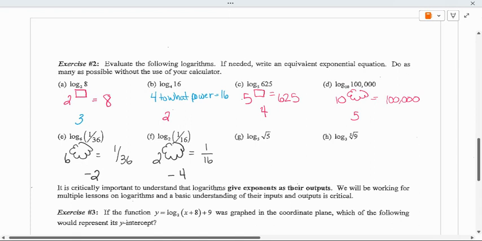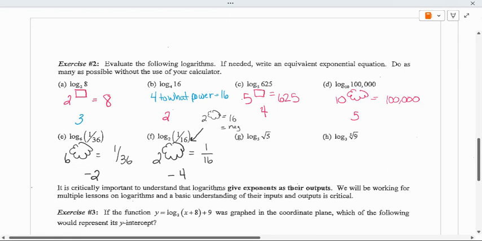Does that make sense? Hayden, does that make sense? Okay. Whenever I see a fraction, I just look at this as 2 to what power equals 16, and then I make it negative. That's how I think about that.